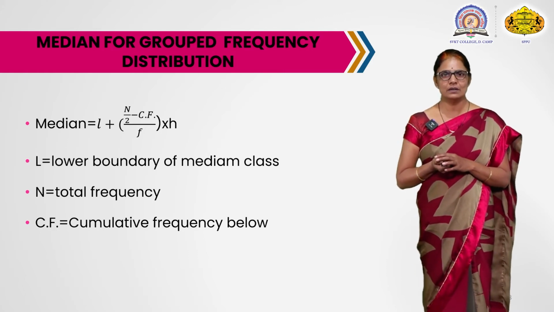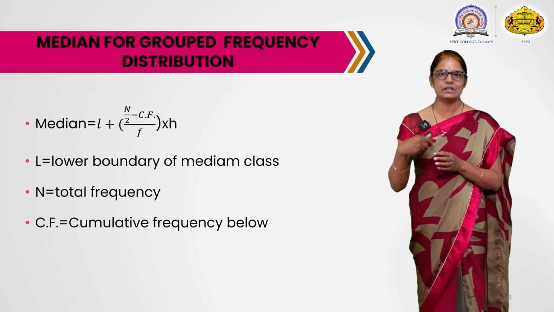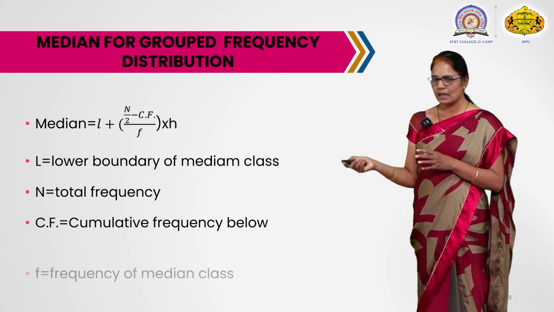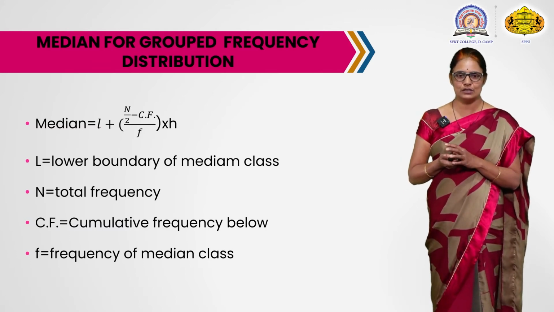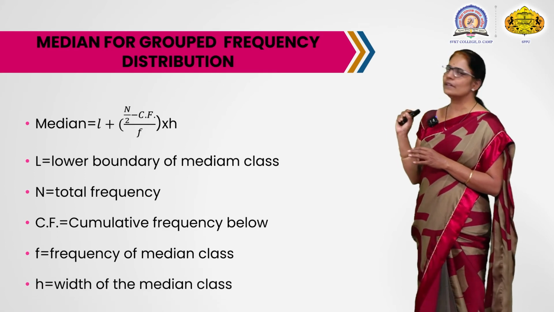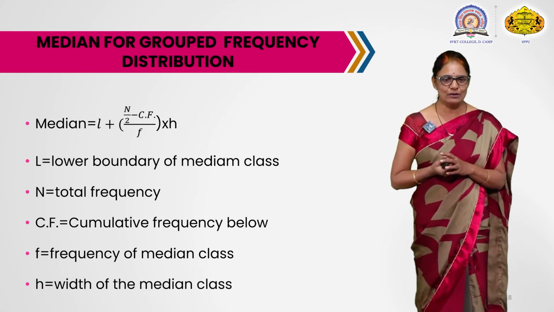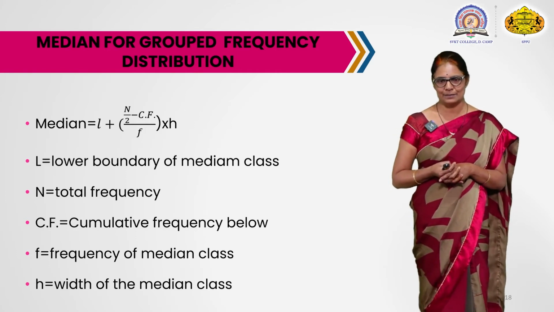Next one is the frequency of the median class. F denotes the frequency of the median class. And the last one is h. h is the width of the class. We already know how to calculate the width of the class. Here we consider the width of the median class.